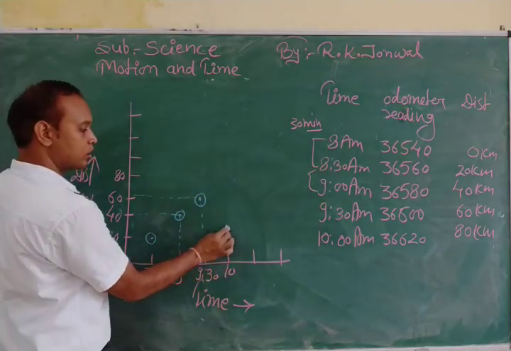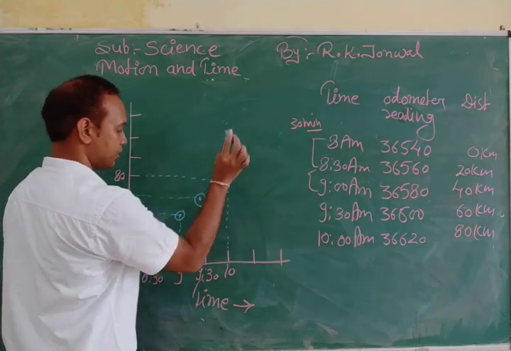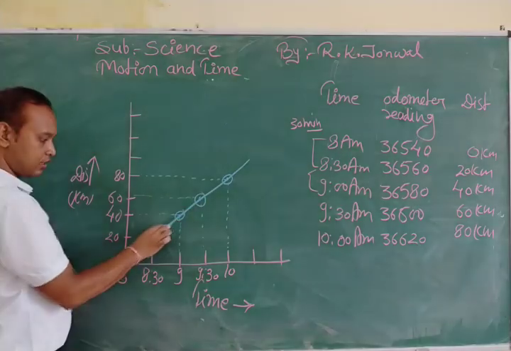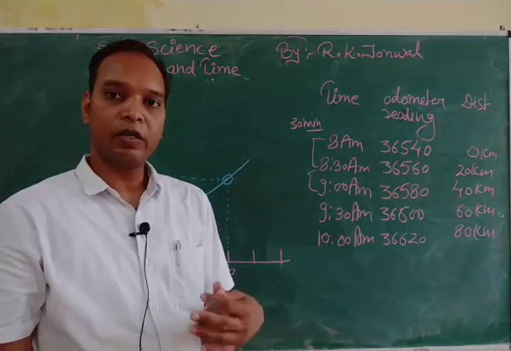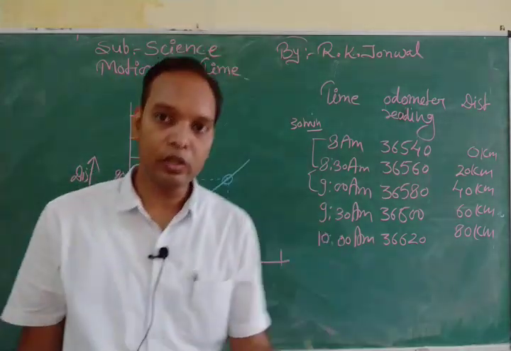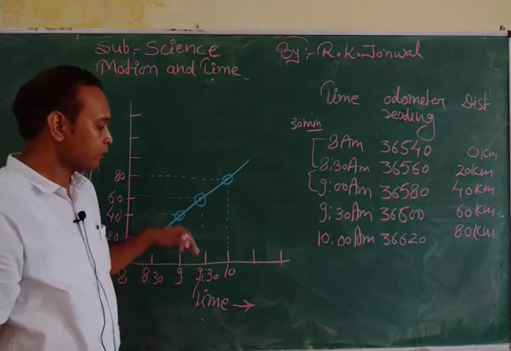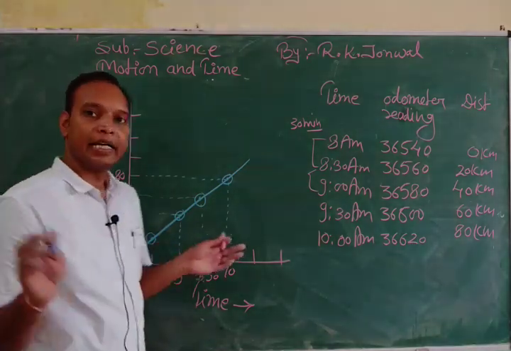At 10 o'clock the distance covered by that vehicle is 80 kilometer. So students, you can also see here the straight line. One more thing you can find out with the help of this graph, that is you can find out the distance at any time interval.